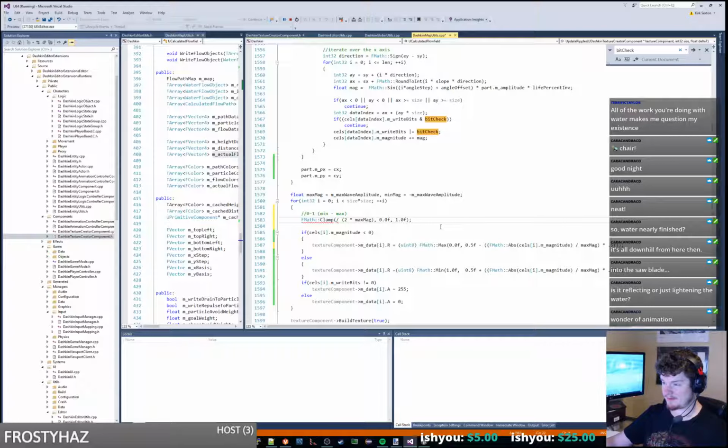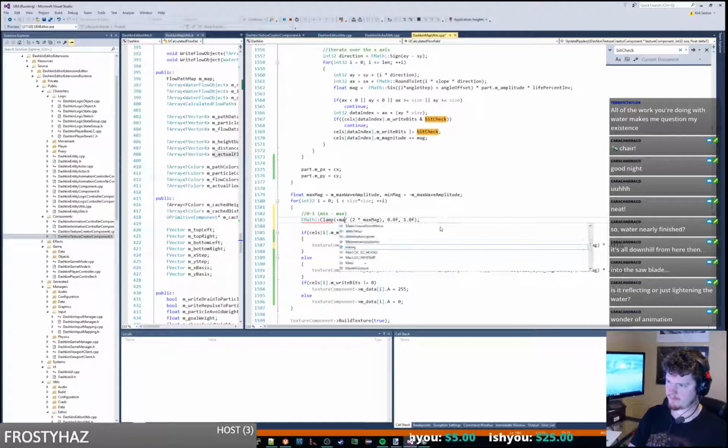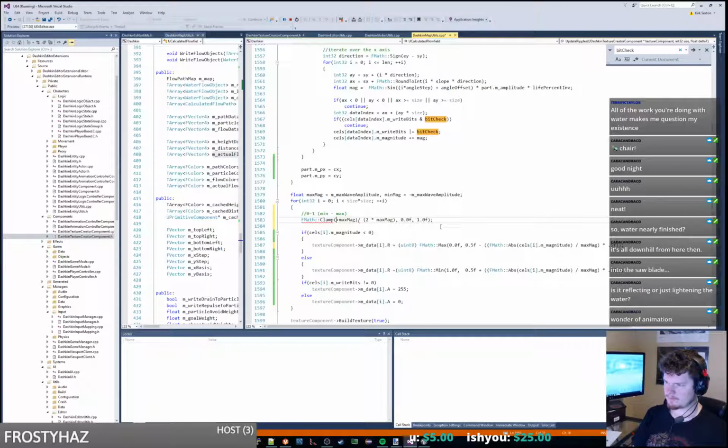We have to add max magnitude. So we take the magnitude, add the maximum magnitude, divide by 2, and then clamp. Right. So that should take it from 0 to 1.